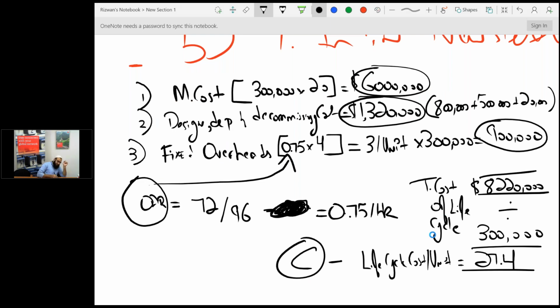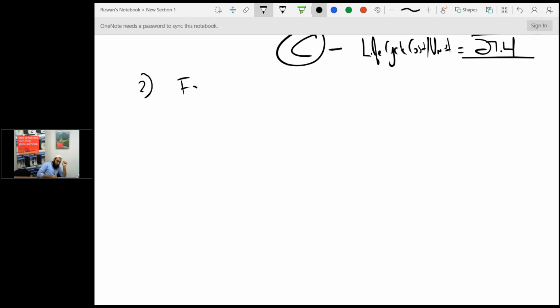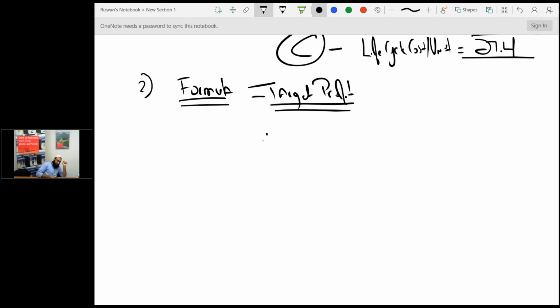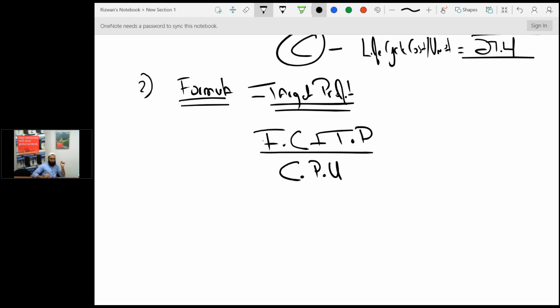Whenever you need to work out the units in order to achieve a target profit, the formula is fixed cost plus target profit divided by contribution per unit. But remember, this will be the average contribution per unit. So this is the formula you will be using here.